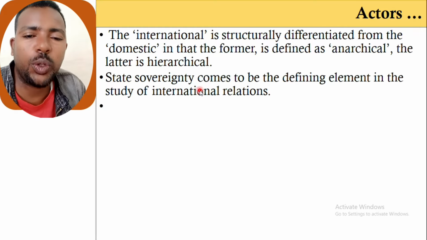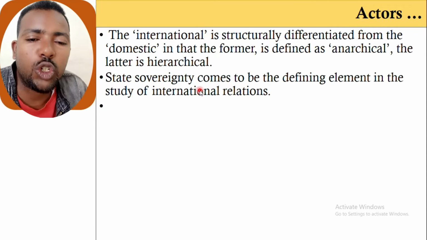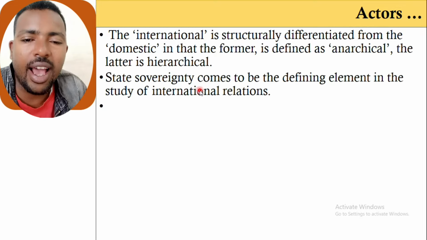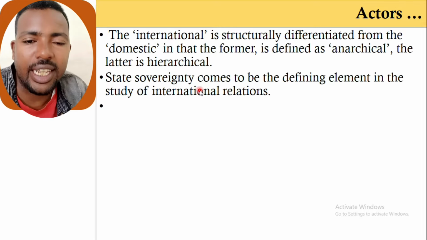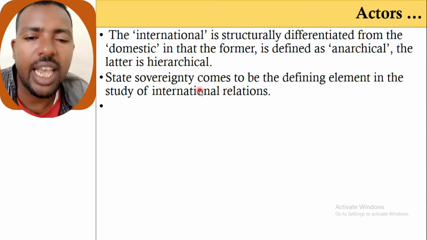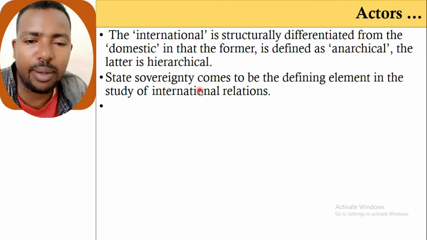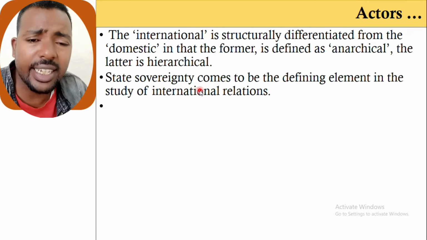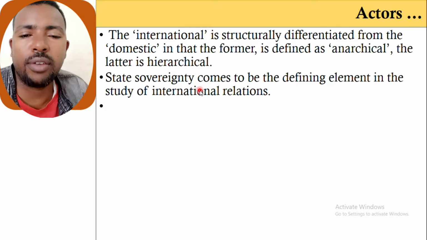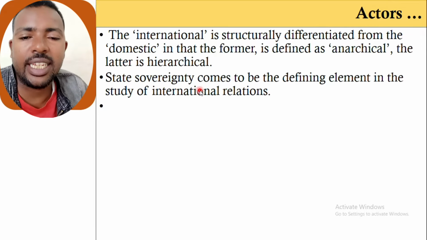What does anarchy mean? Anarchy is a situation in which there is no central power that gives order, that makes laws, that governs the state. There is no power that has authority over a state to dictate any action that is important to preserve the international order. Rather, states came together for their own national interests.